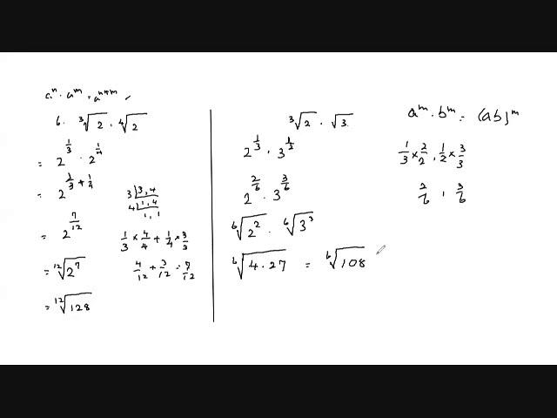Okay, so if we have a base and the power different, then we have to find the index, make the index equal, have the same root first. Now, any questions so far? If not, we go to the next one.